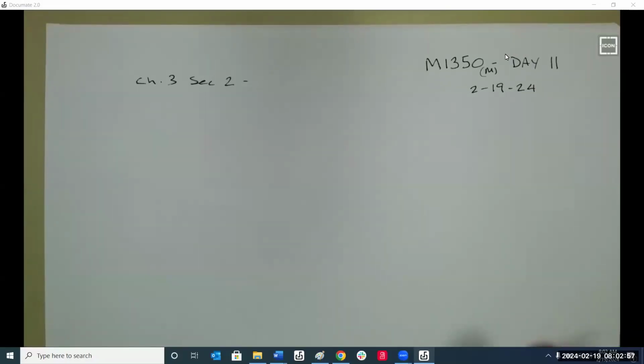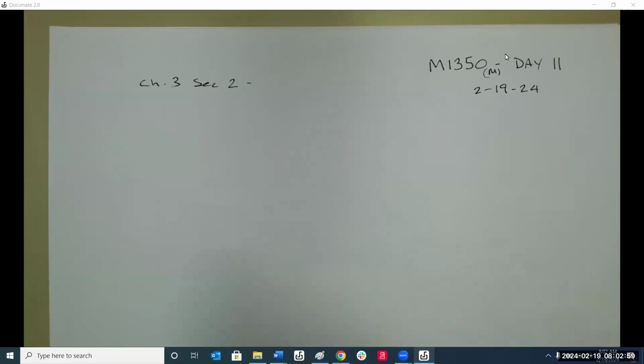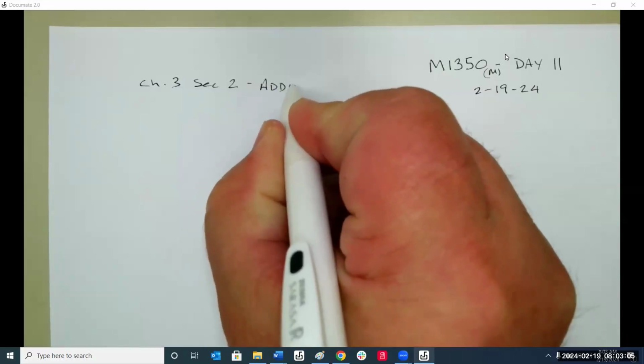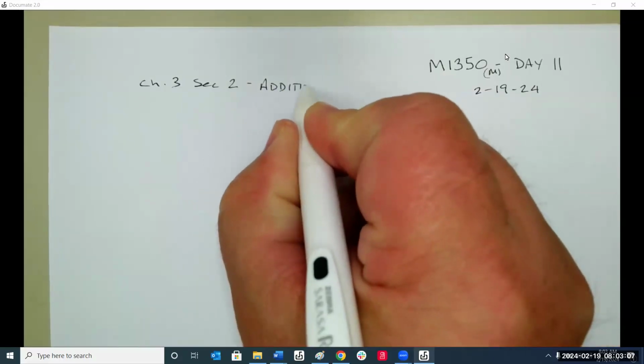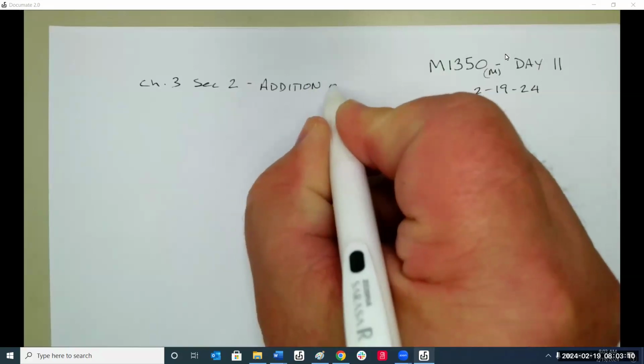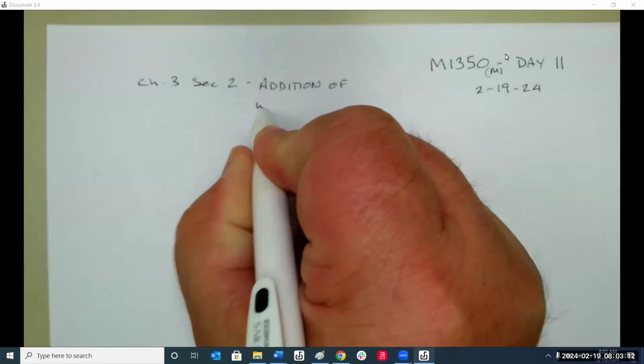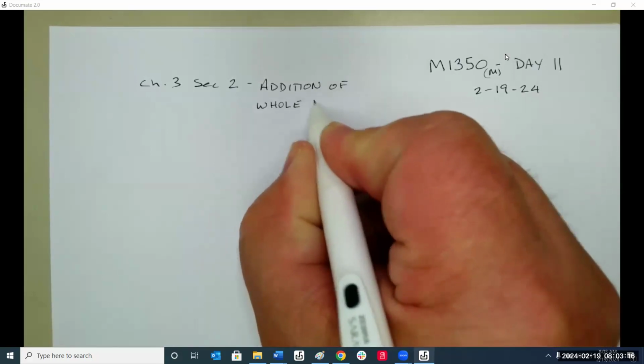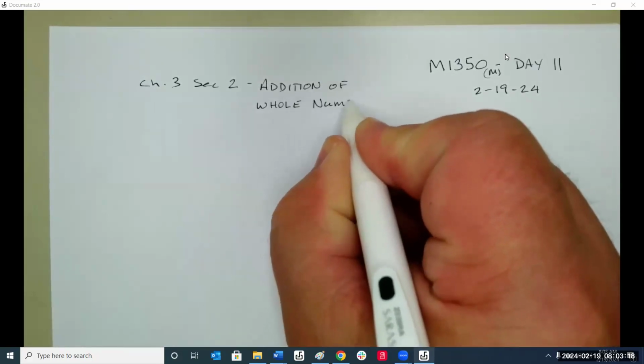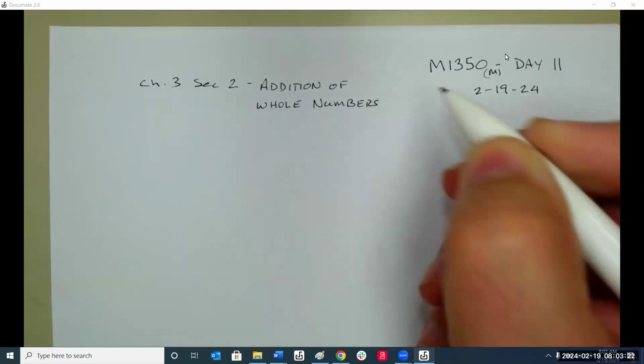All right, today we're going to cover two sections of chapter 3. One will be the addition of whole numbers. And the next one will be the opposite of that, the subtraction of whole numbers.